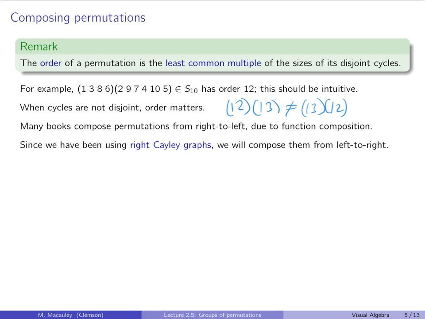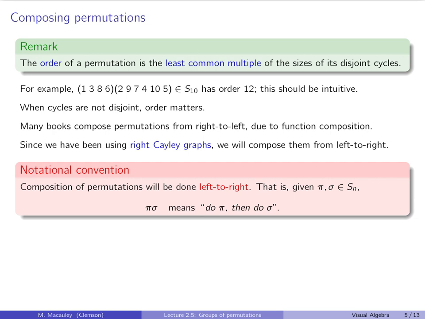So we will compose permutations in this book from left to right. That means, given pi and sigma as permutations in Sn, anytime that I write pi sigma, what I mean is first do pi and then do sigma.